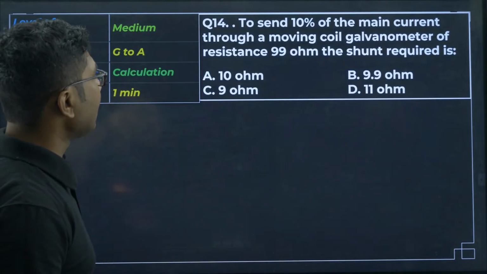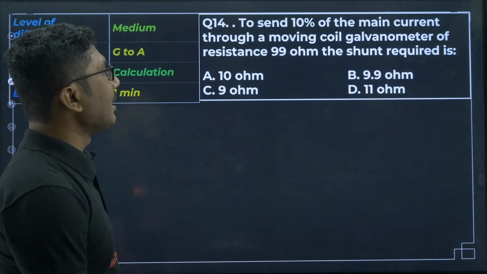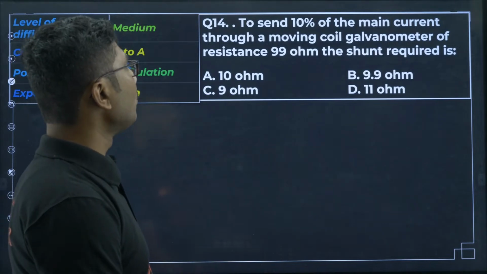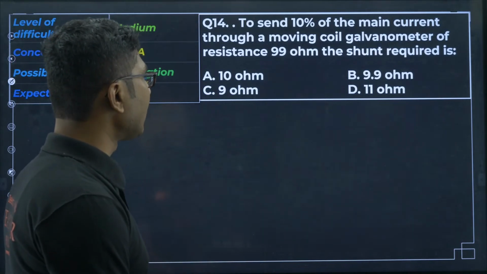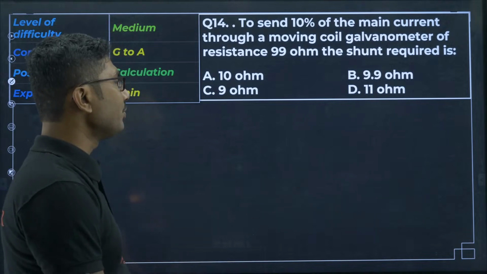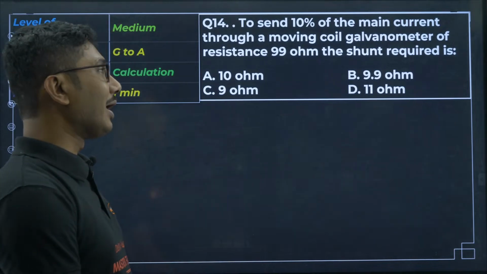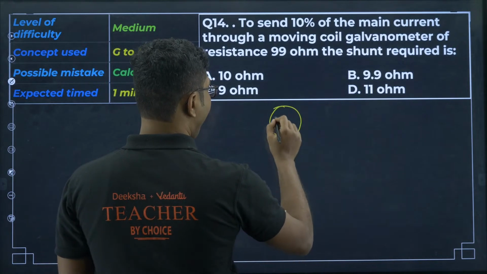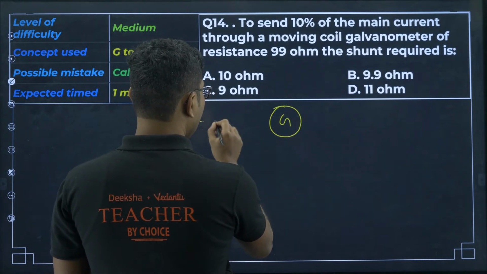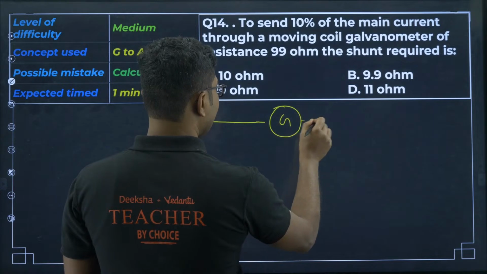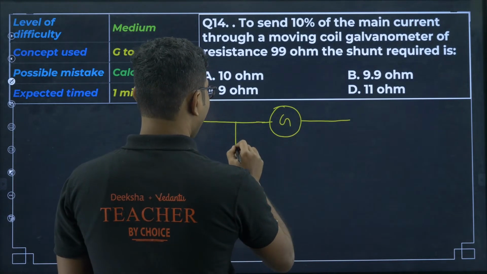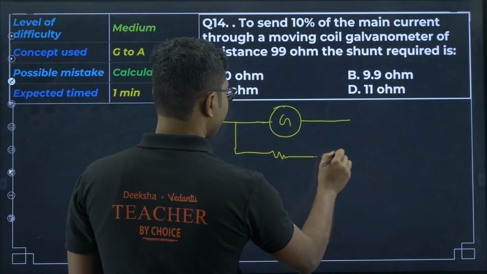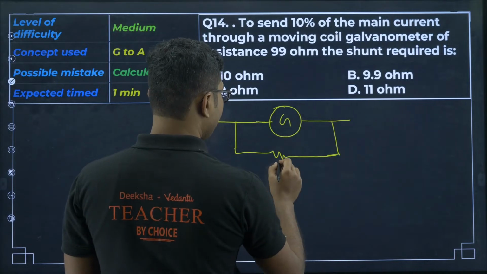Now next question: to send 10% of the main current through a moving coil galvanometer of resistance 99 ohm, the shunt required is... We have a galvanometer, okay, and we have a shunt resistance. Basically we are trying to convert it into an ammeter.